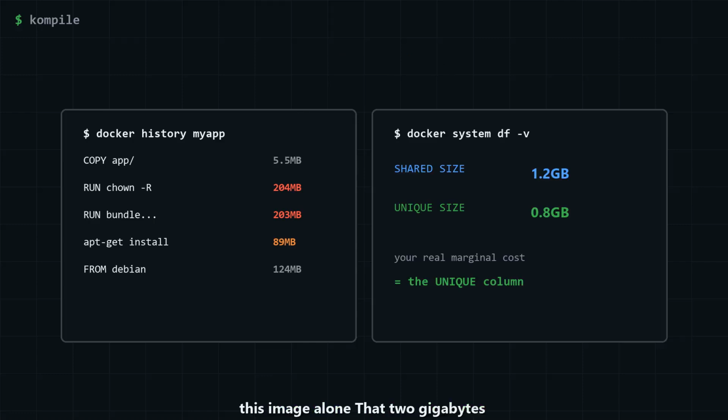That 2 gigabytes you saw in docker images is the sum of both. Some of it might already be on disk from another image entirely, because layers are content addressed and shared across every image built on the same base.